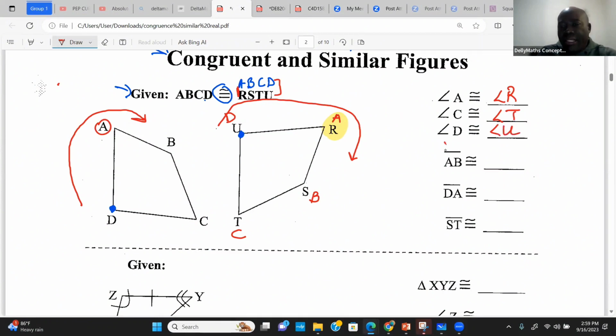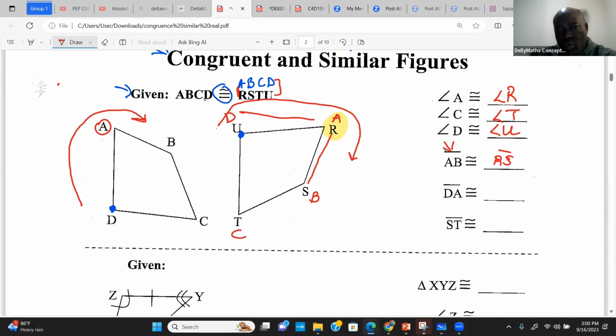Now we're looking at the length of the sides. That bar over the two letters suggests the distance from A to B. So AB is the same as RS. You're seeing it there. DA is the same, so DA is here.